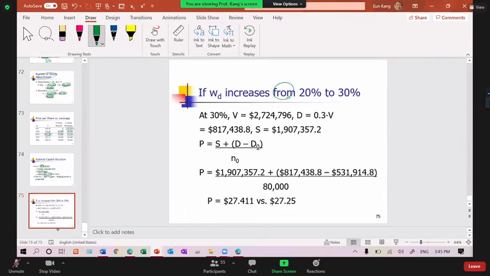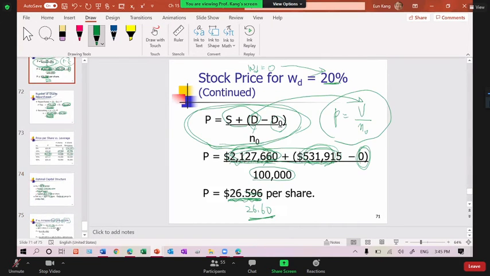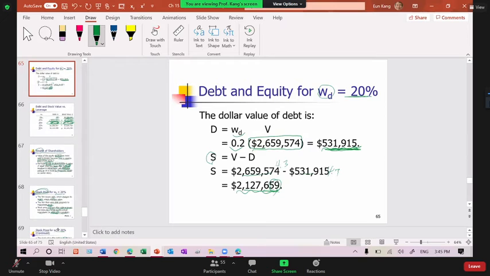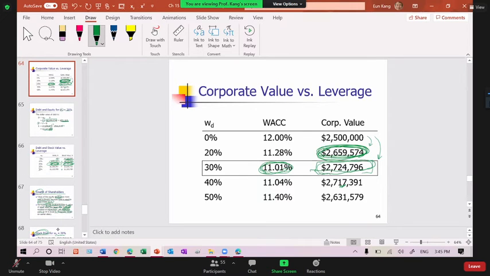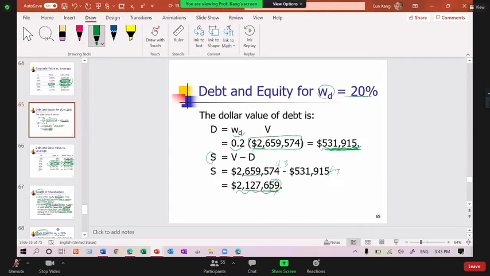From 20% to 30%, you have to make sure that at 30%, the value is 2724796, right? From the previous slide, right? 30%. Yeah, this one, 30%, 2724796.